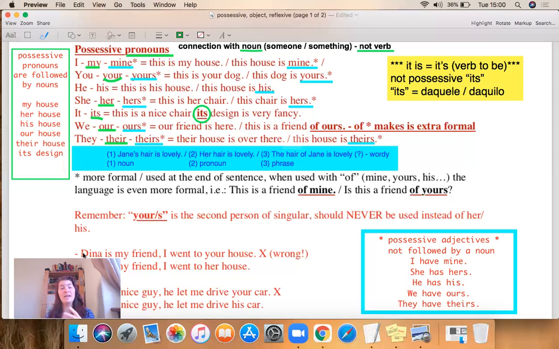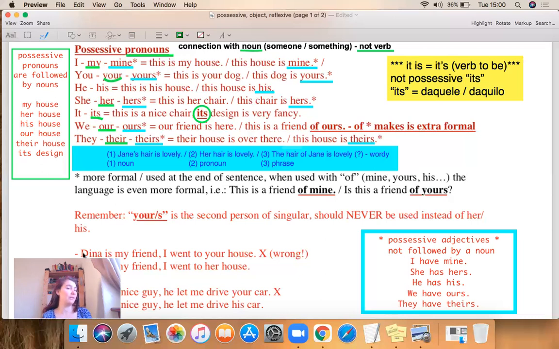This house is his. So we can have his in the middle of the sentence or at the end as well. His won't change. And here, so this is his dog. This dog is his. This is his rubber. This rubber is his. We can interchange for whatever pronoun we want to add in there.